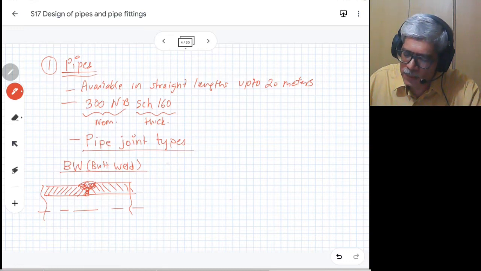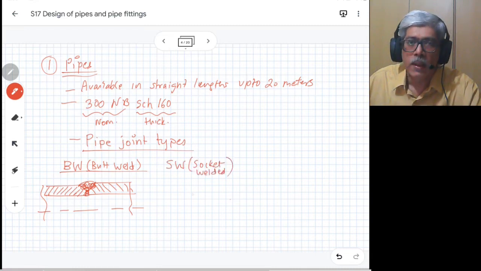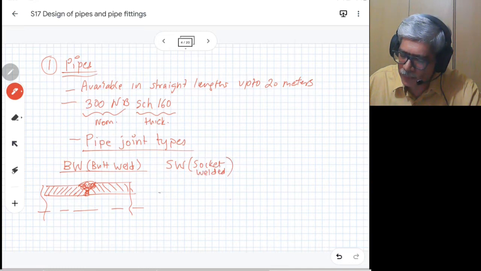The second joint is known as socket welded or SW joint. So this is socket welded. In this socket welded joint, one of the components has got a socket. So this is the component, it can be a fitting or it could be a valve.